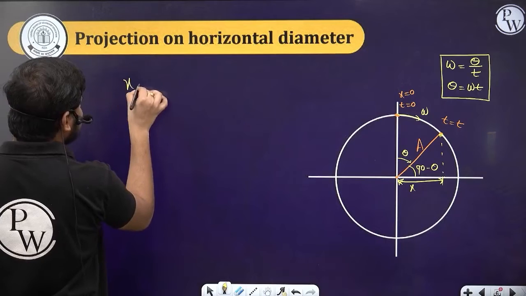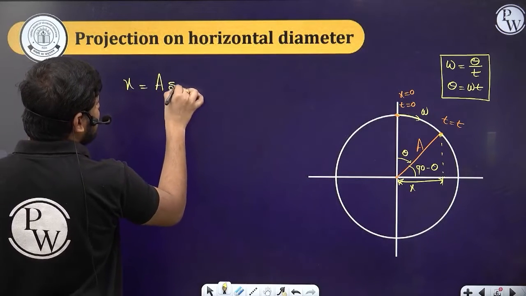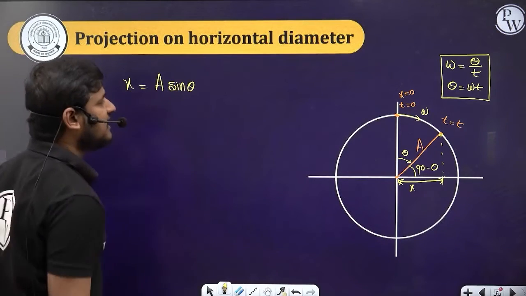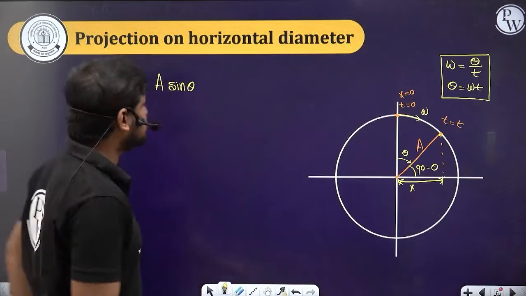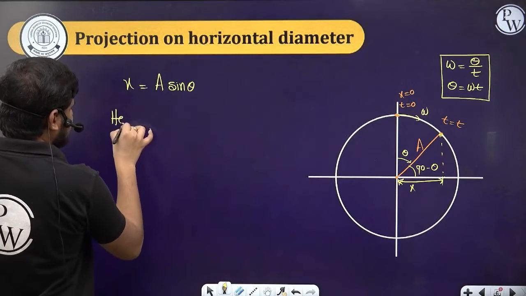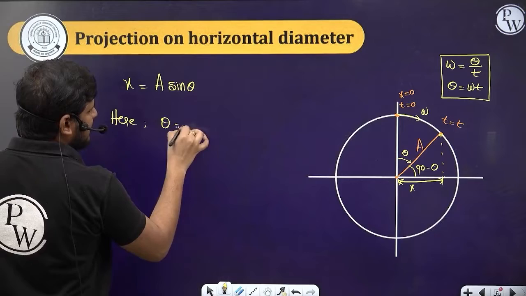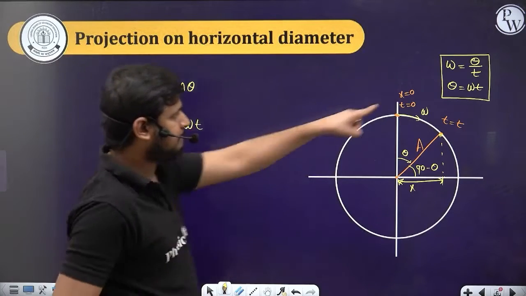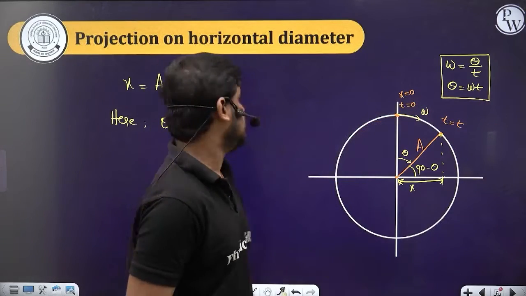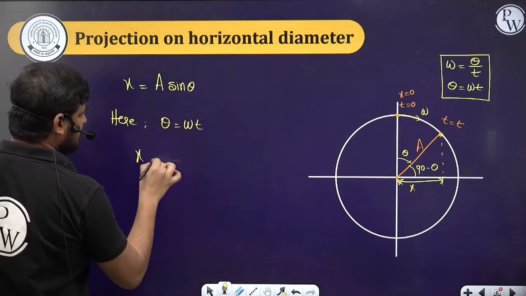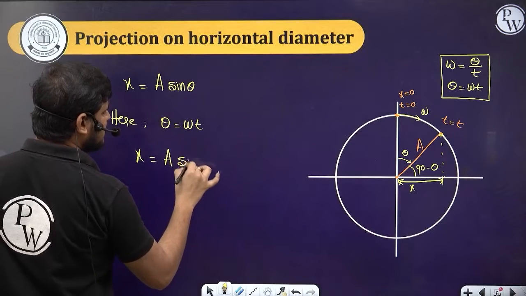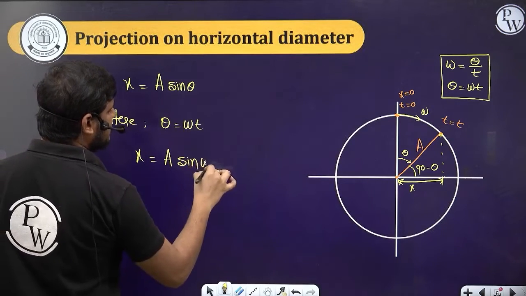So I can write x equals A sin theta, right? And here theta is equal to omega t. So the displacement of the particle will be A sin, and in place of theta I can write omega t.